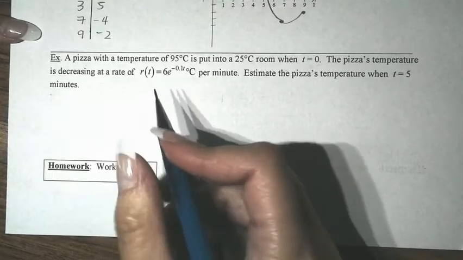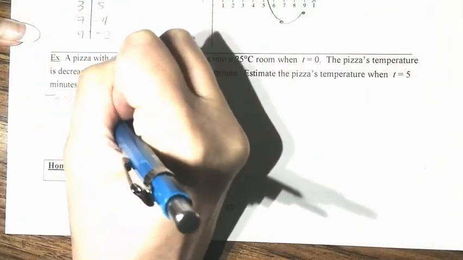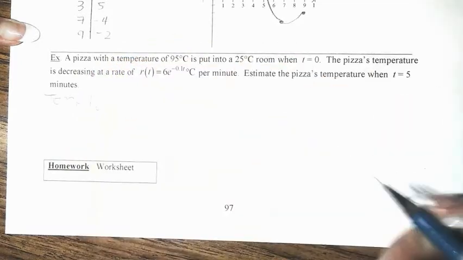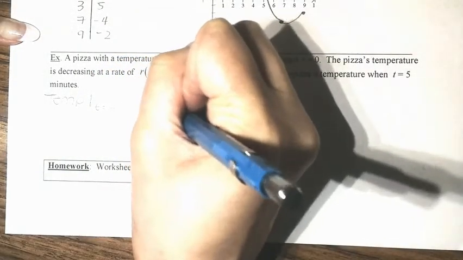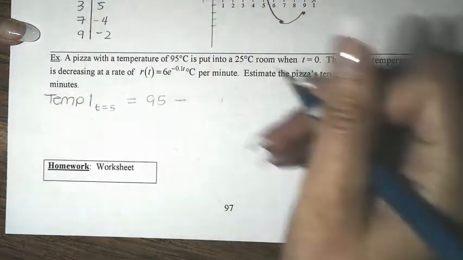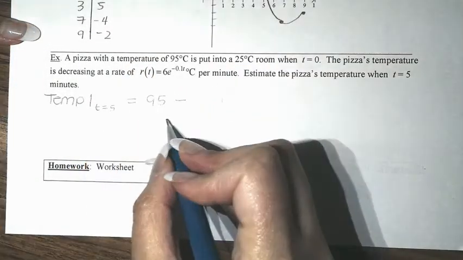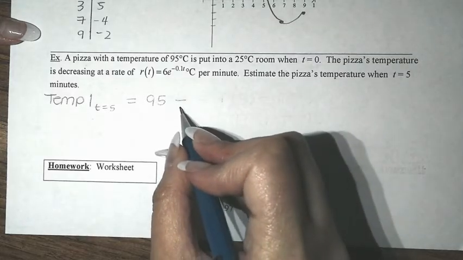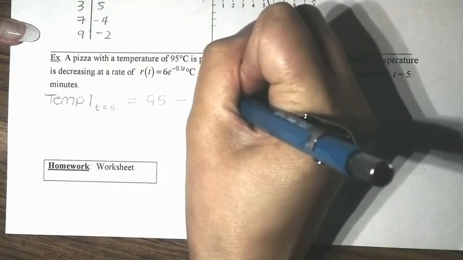So the temperature of the pizza at T equals 5, what's going to be the deal here? That's going to be equal to 95 minus some kind of number, and that number is given by the decreasing rate of the situation. Because it's decreasing, I'm putting the negative. And then you have the integral from 0 to 5.